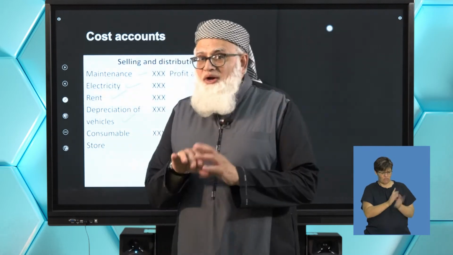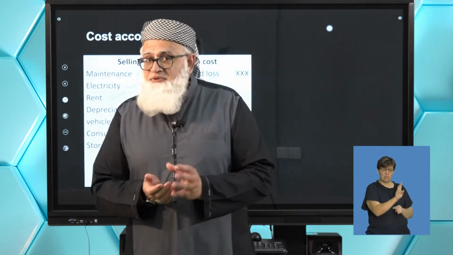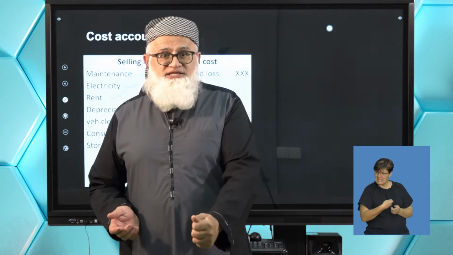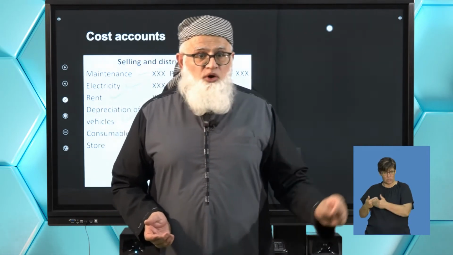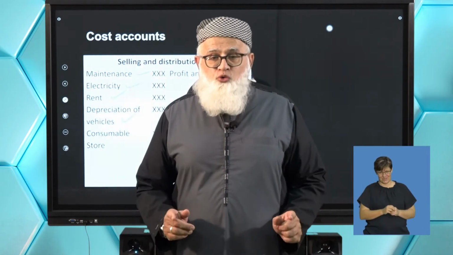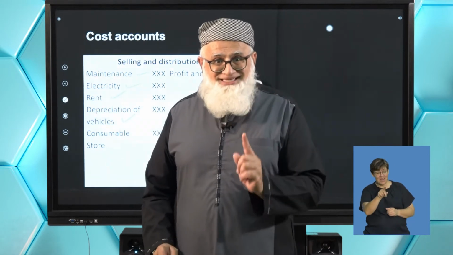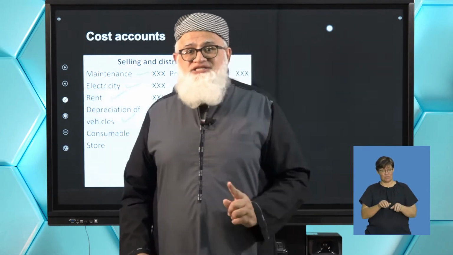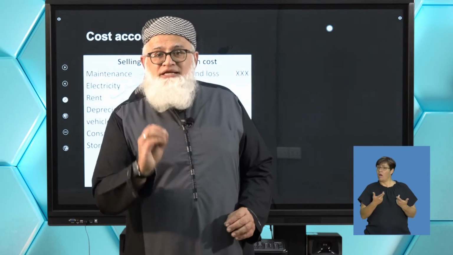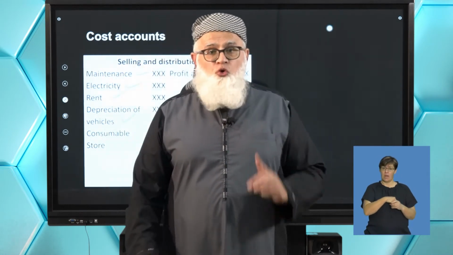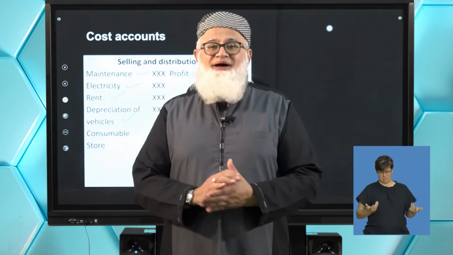Okay, now what happens to it from there? Do we transfer the selling and distribution into my work in process? No, not at all. Once again, remember that selling and distribution has absolutely nothing to do with the production of my item.